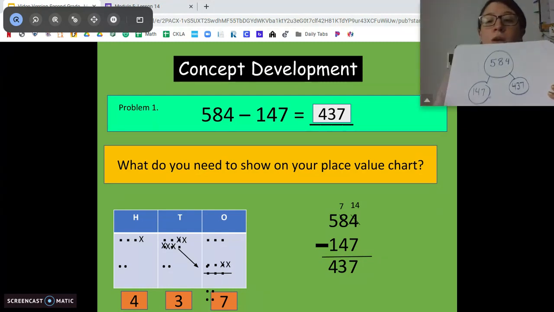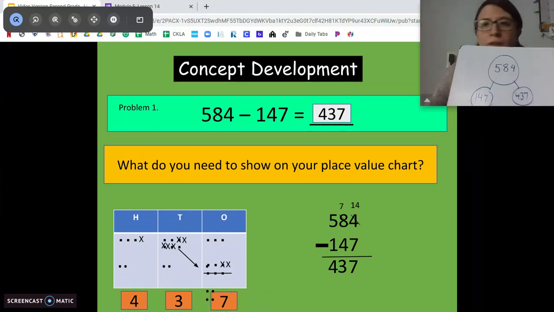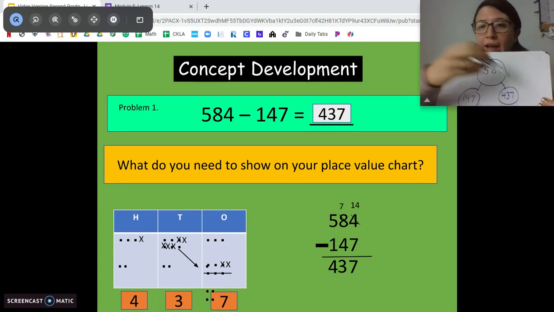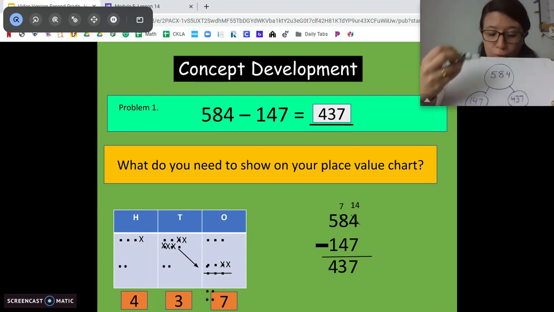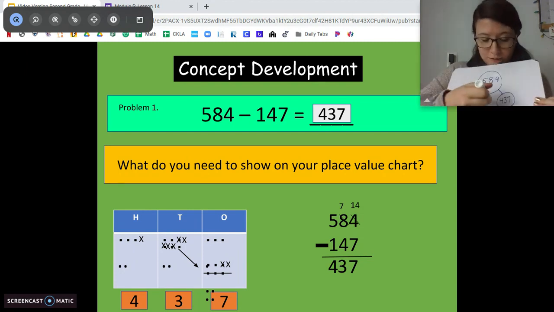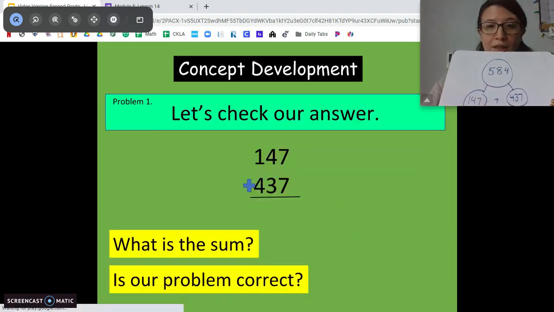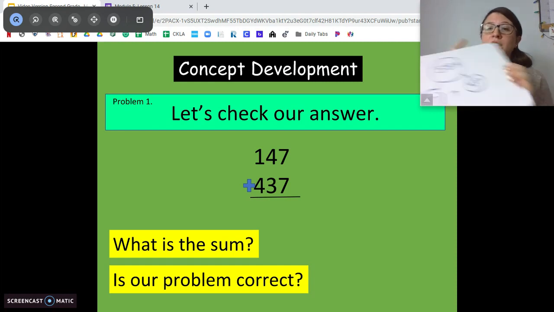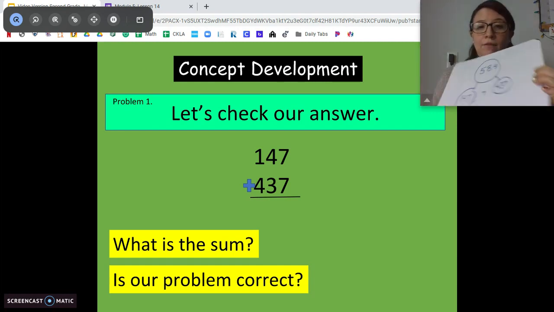Okay? Now, just like when we do small numbers, addition and subtraction, we can manipulate these numbers, we can subtract, we can add, we can do whatever. So this problem was 584 minus 147. What we can do to check our work is to add our 2 parts together. So let's add them together, and if our work is right, we should get 584.